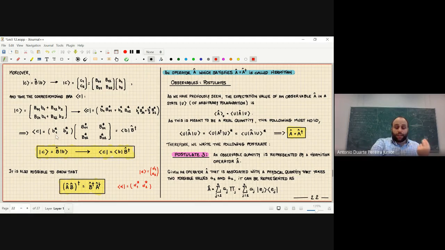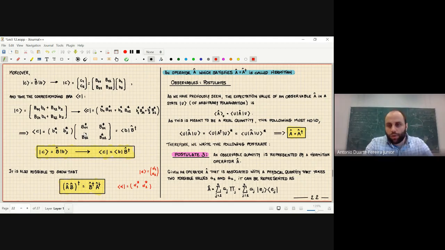And you see that this vector is nothing but the bra associated with the ket B. So I transpose B and take the complex conjugate, times this matrix here, which is B11, B21 and not B12, and B12 and not B21.